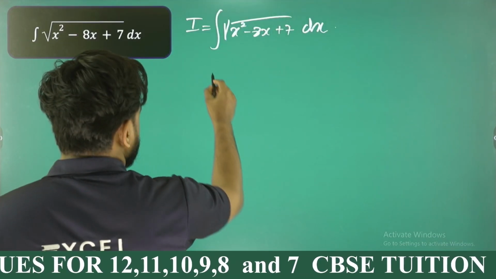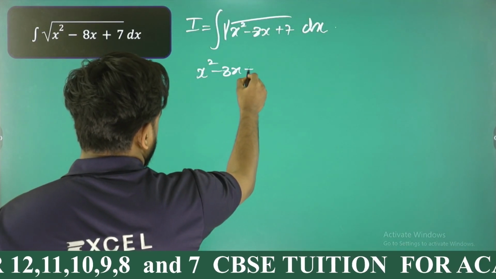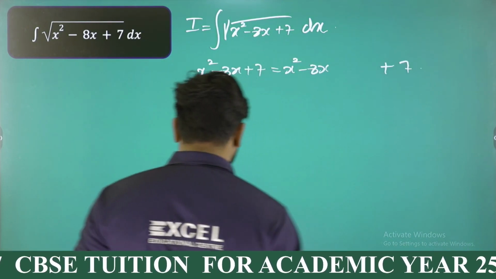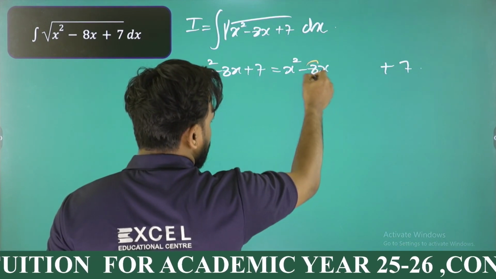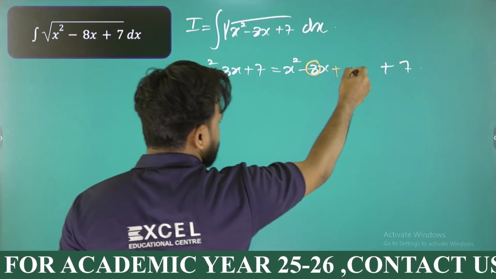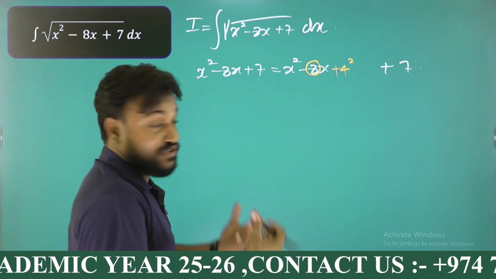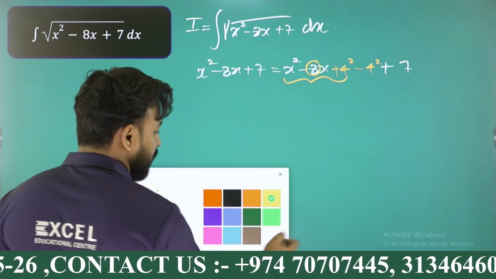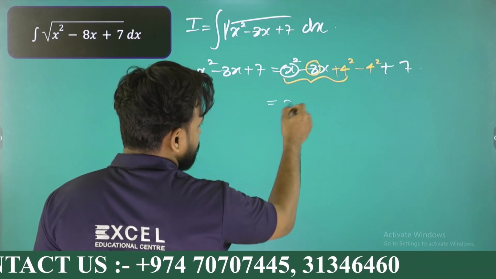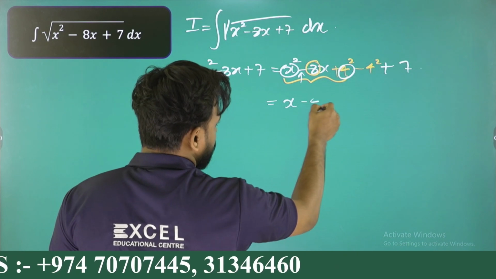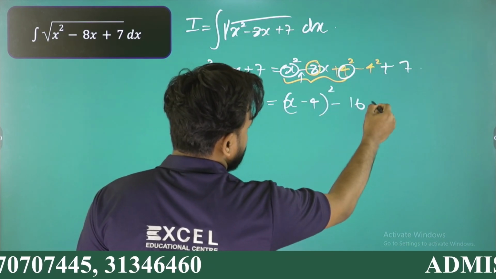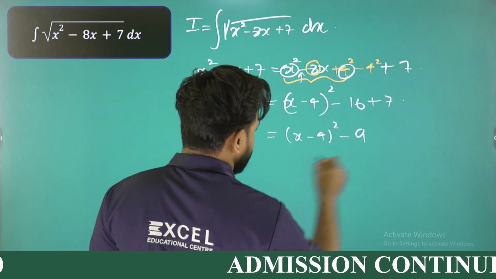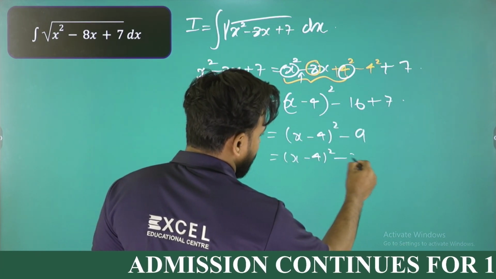How do we do that? x square minus 8x, I'll write the constant 7 here, and let me add and subtract the square of half of the coefficient of x, half of 8 is 4, so 4 square. This part becomes x minus 4 the whole square, minus 16 plus 7. So x minus 4 the whole square minus 9, that is x minus 4 the whole square minus 3 square.